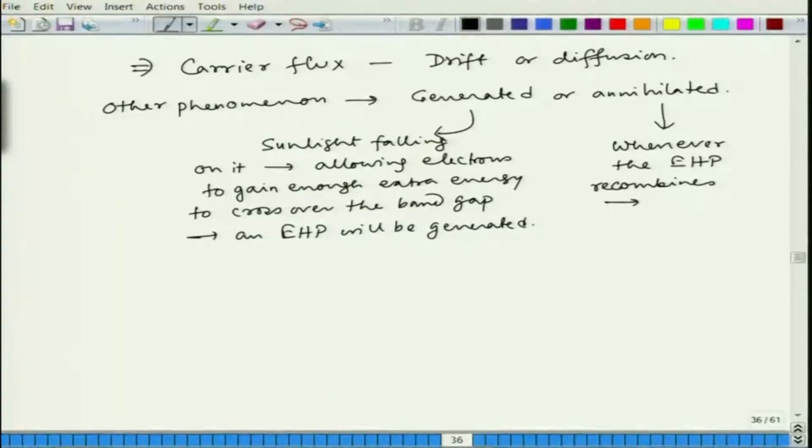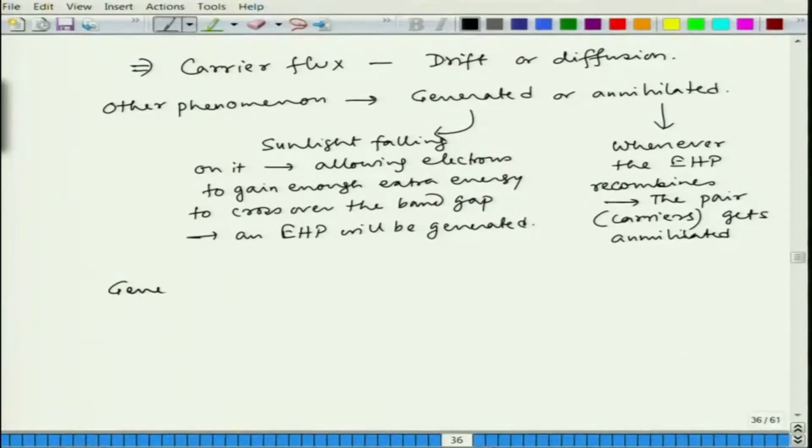So, both the carriers get annihilated, and annihilation is also called recombination. Okay. These are the two possibilities.